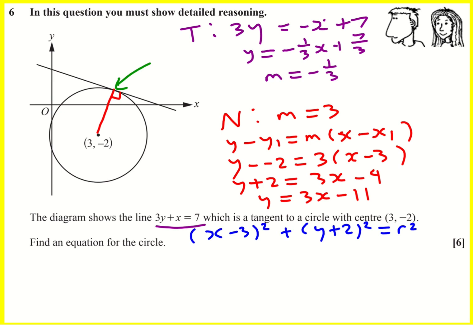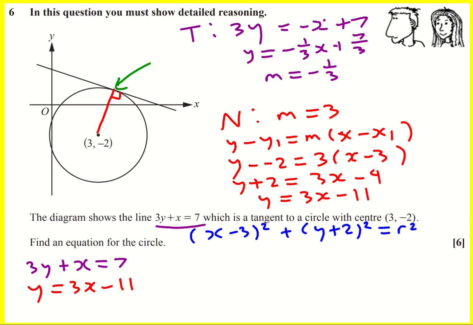Okay, that leaves me with two equations. We've got 3y + x = 7 for the tangent, this line outlined, and then the normal is this one here, y = 3x - 11, and the green arrow is showing where they intersect. So I just need to solve these simultaneous equations.